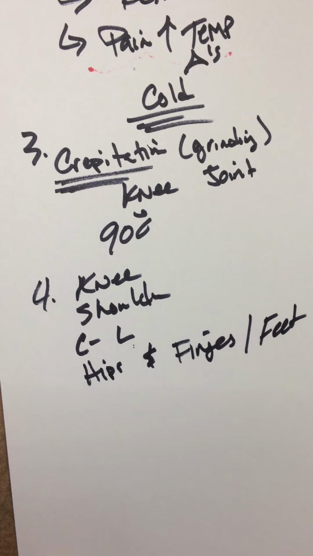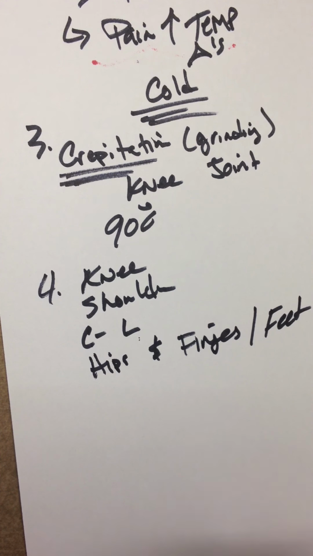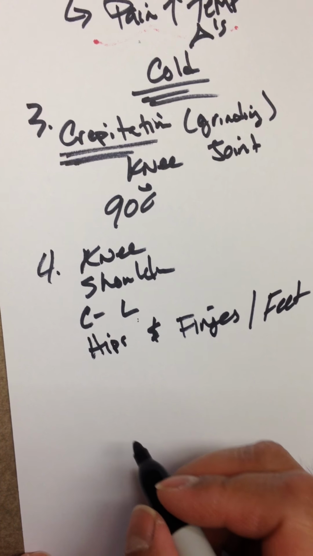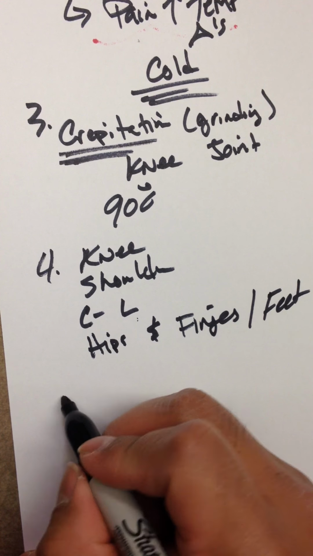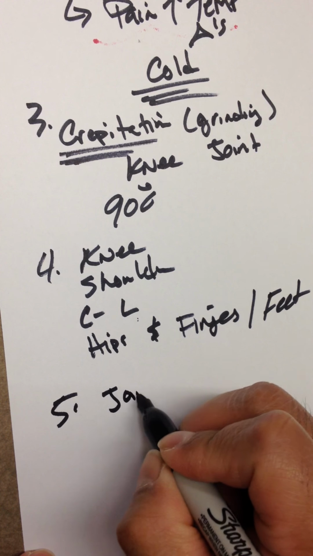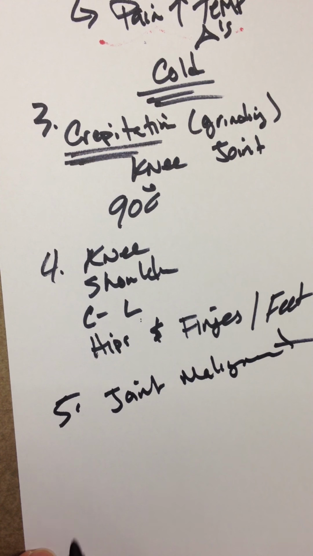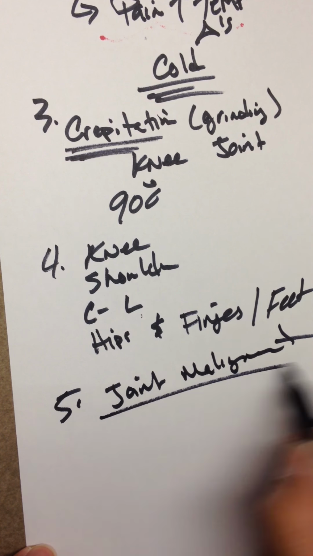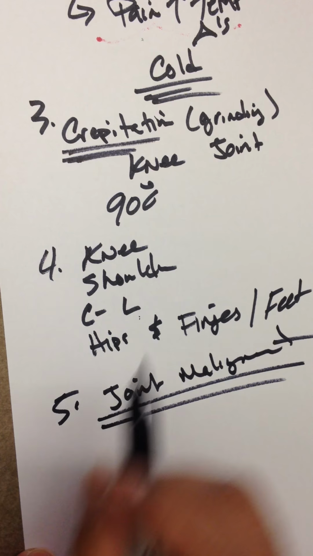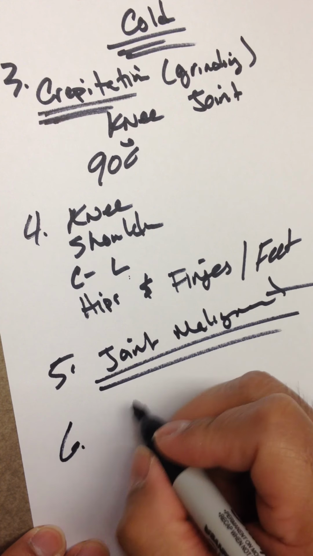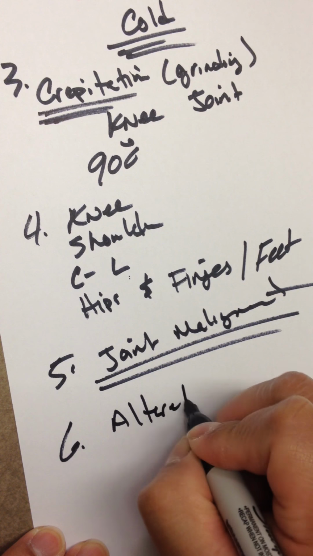Now, because of the decrease in joint space and decreased cartilage in that joint space, you may have some joint malalignment. And because of the joint malalignment, the discomfort and the pain, you will have altered gait.